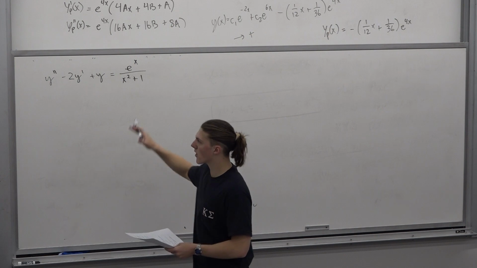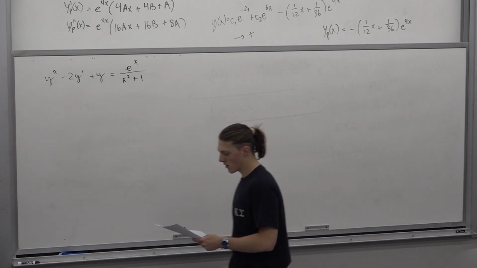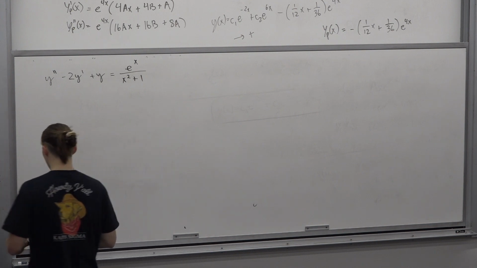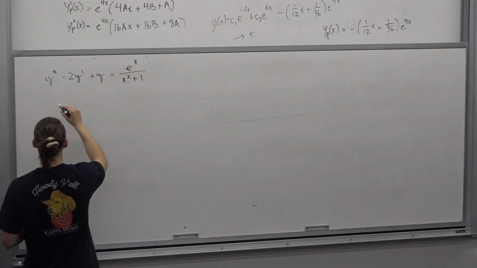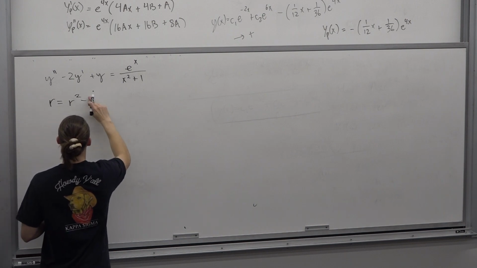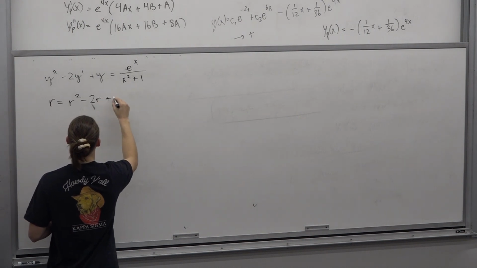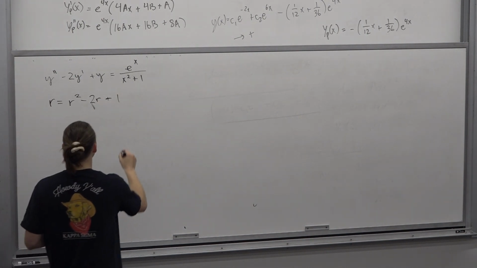All right, so we have our non-homogeneous equation. We have some g of x. Like I was saying before, your instinct should be to immediately solve for the characteristic equation. So what do we have? We have r squared minus 2r plus 1. What does this give us?